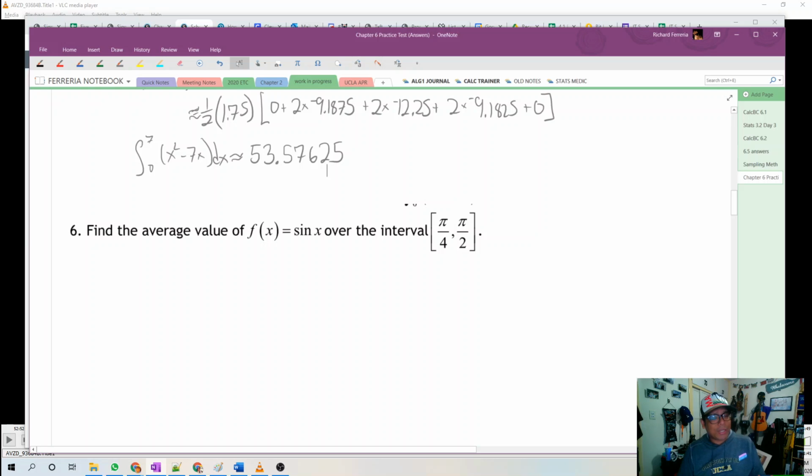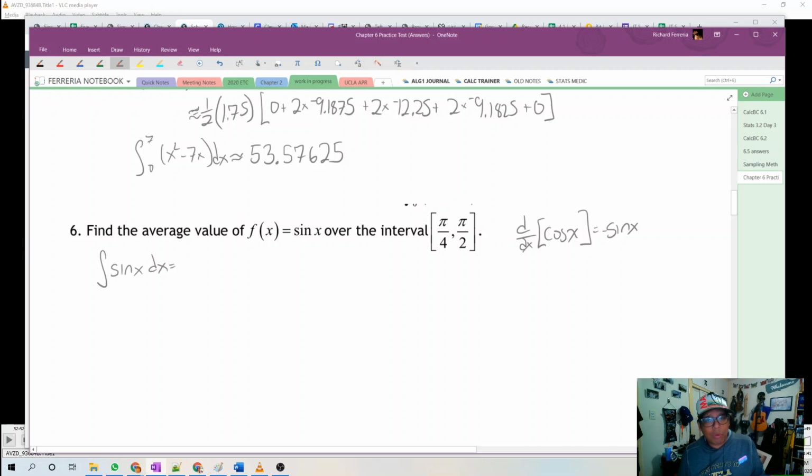So one more problem to go in this video is the average value of f of x equals sine x. So before we do this, let's find the antiderivative of sine x. And to do that, we'll start with a derivative. So the derivative of cosine x is equal to negative sine x, which is not good because we don't want the integral of negative sine x.